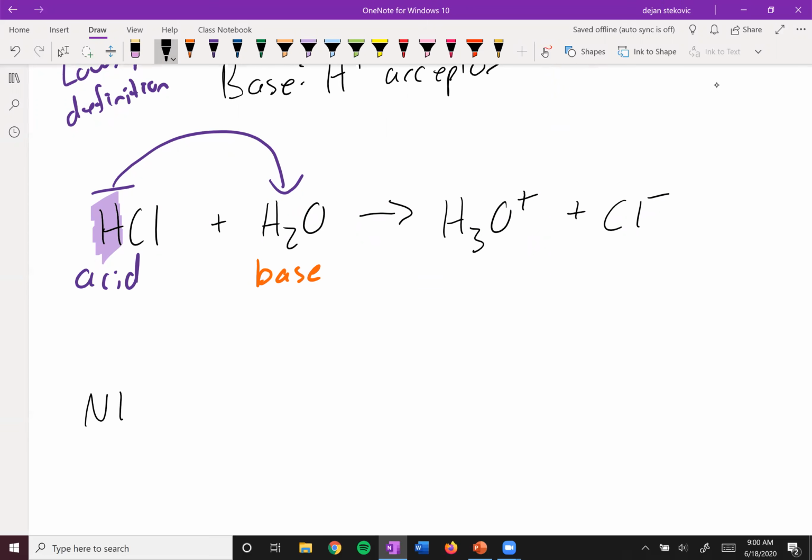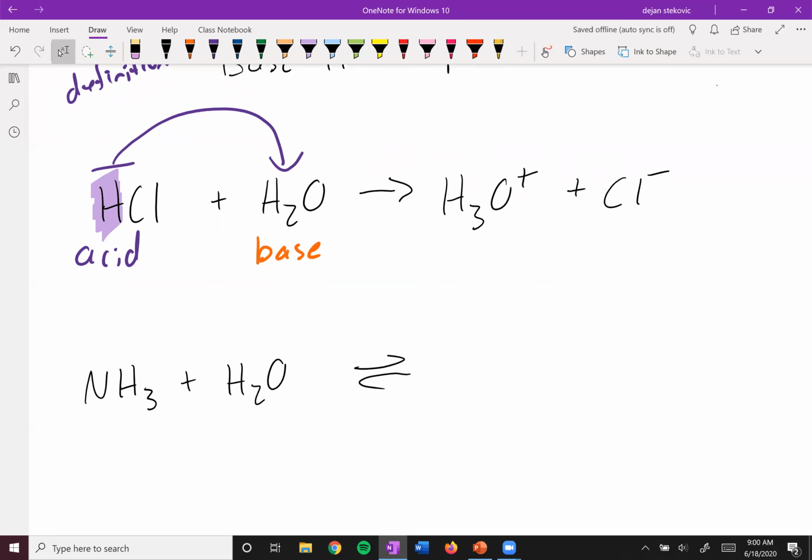Then here we have NH3, ammonia, with water. Ammonia and most nitrogen-containing compounds are actually basic. So in this case, one of these hydrogens, one of these H pluses from the water, will go from the water to the ammonia.